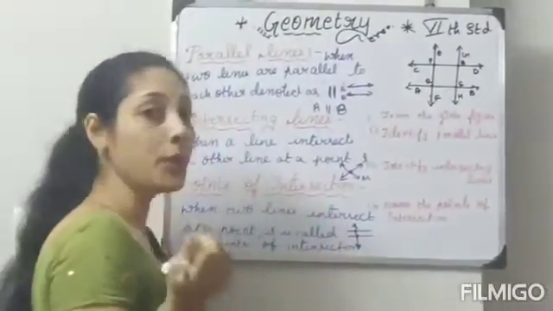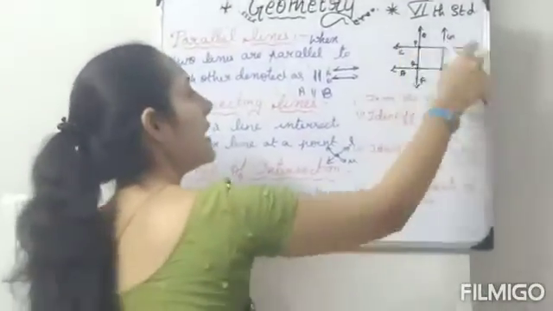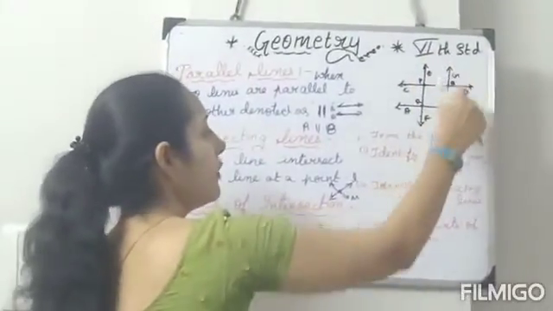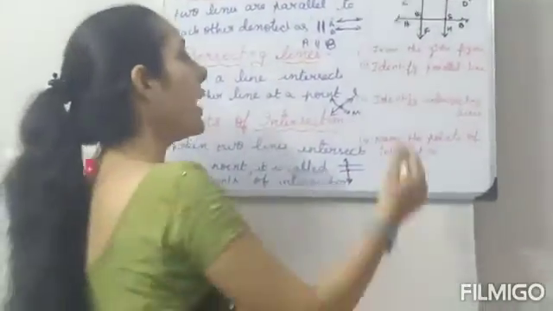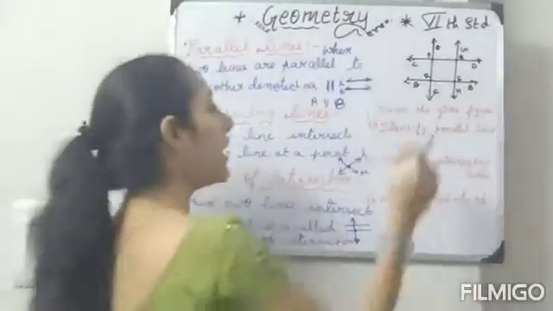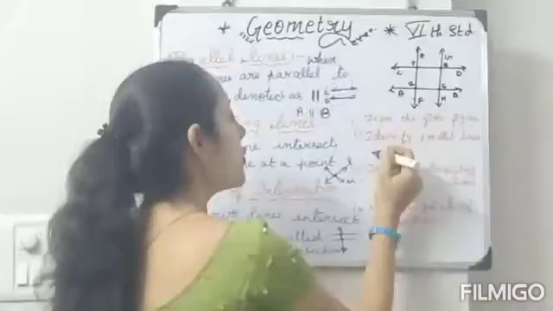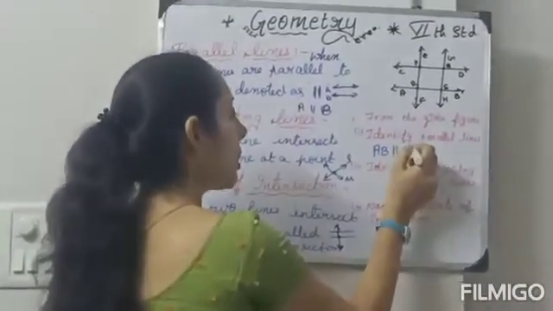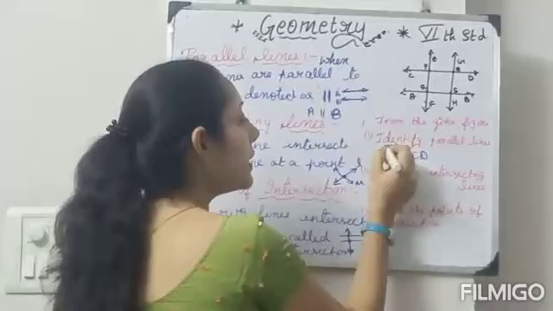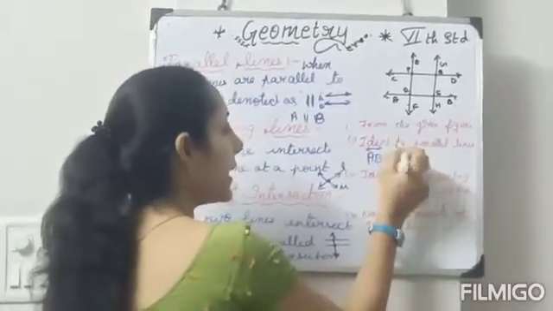What are my two parallel lines? A, B, C, D. Then again E, F, G, H. These are the parallel lines, right? So, what do they ask? Identify parallel lines. So, what will you write? AB parallel to CD. What is this symbol? This is the symbol of a line.